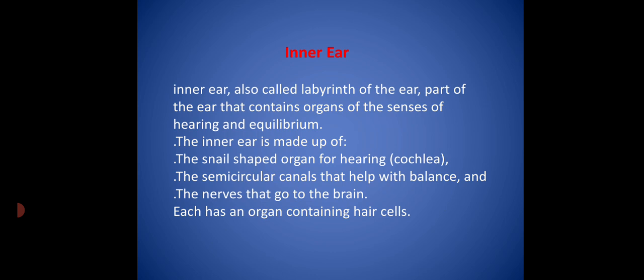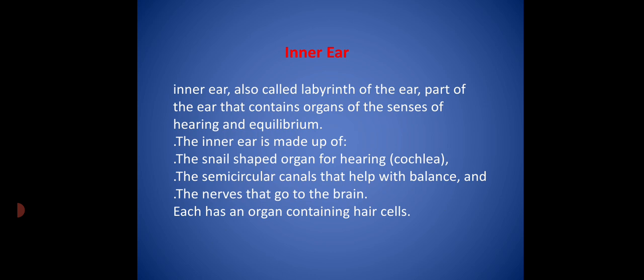The bony labyrinth, a cavity in the temporal bone, is divided into three sections: first the vestibule, second the semicircular canals, and the cochlea. The inner ear is made up of this snail-shaped organ for hearing, the cochlea.